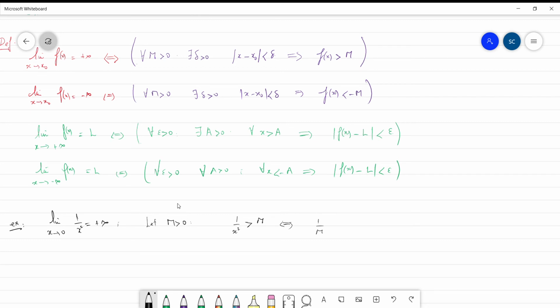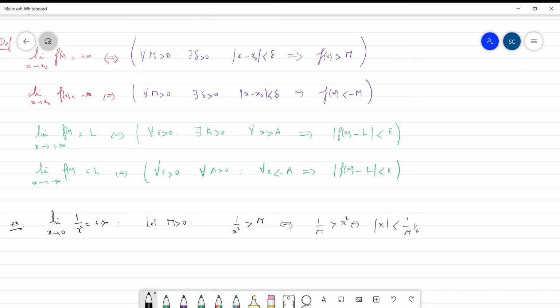This is an inequality. M is positive, so I can divide and move my terms. This is equivalent to, if you take the square root of both sides, absolute value of x less than 1 over the square root of M. So finally I found it.